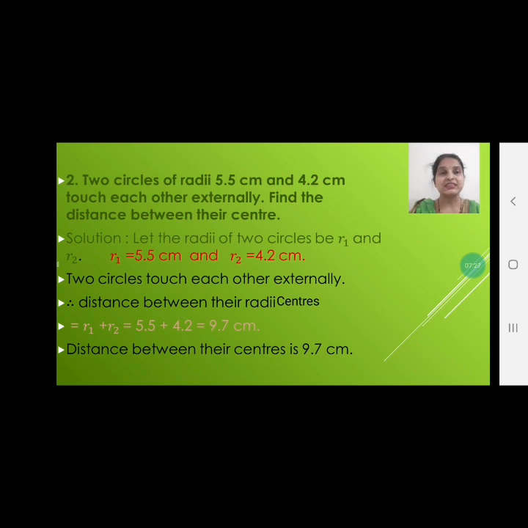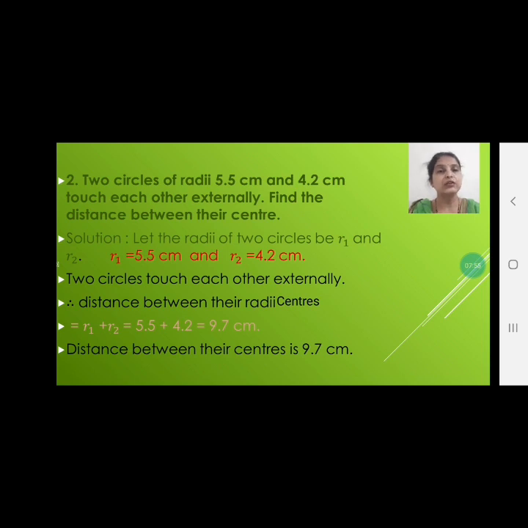So let the radii of the two circles be R1 and R2. Let R1 be equal to 5.5 centimeter and R2 be equal to 4.2 centimeter. Now the two circles are touching externally. So by the theorem of touching circles, the distance between their centers will be equal to the sum of their radii.